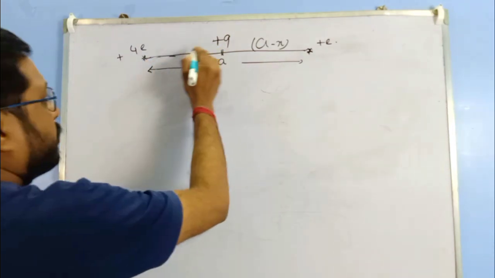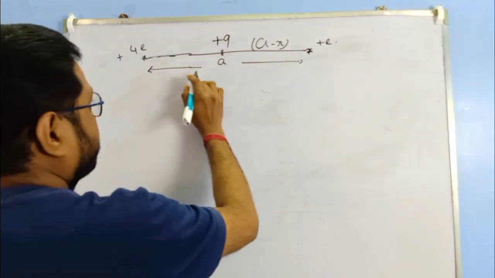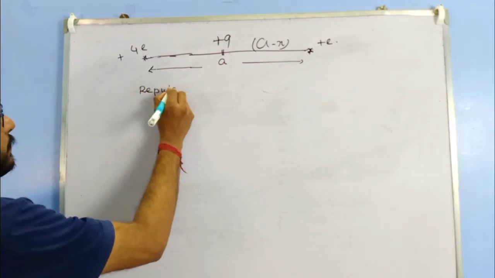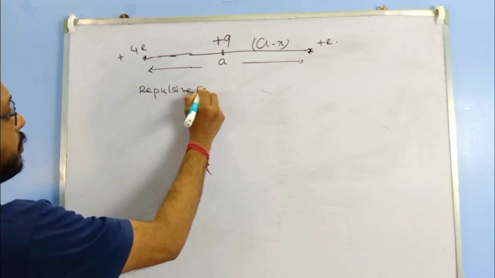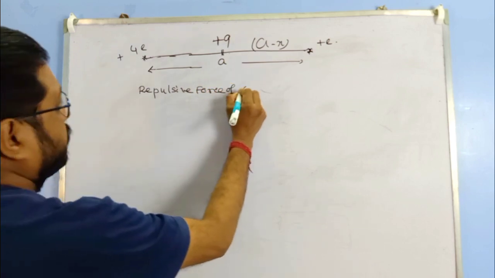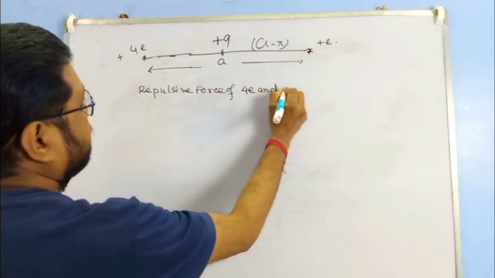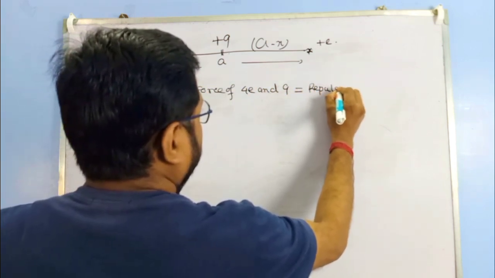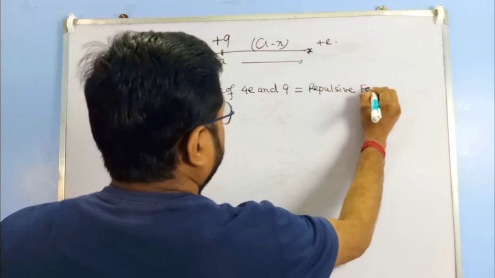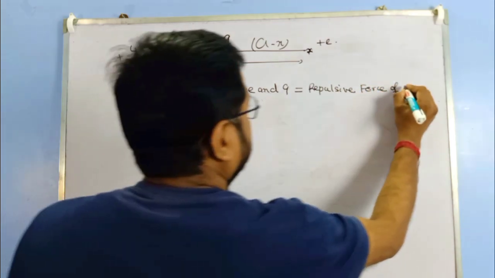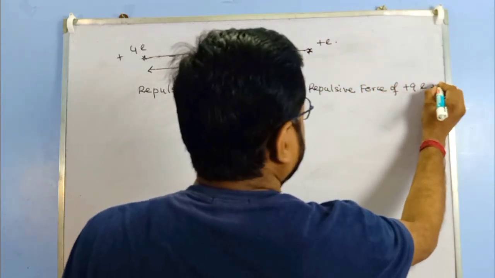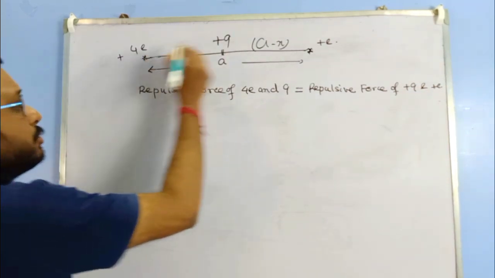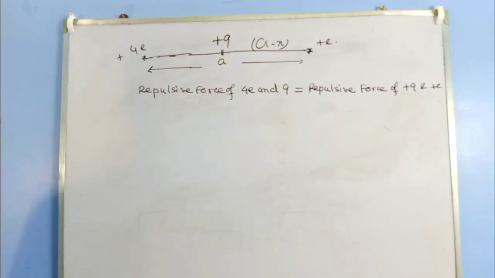The repulsive force between 4e and q must be equal to the repulsive force between q and e, so the two charges will be at equilibrium position.